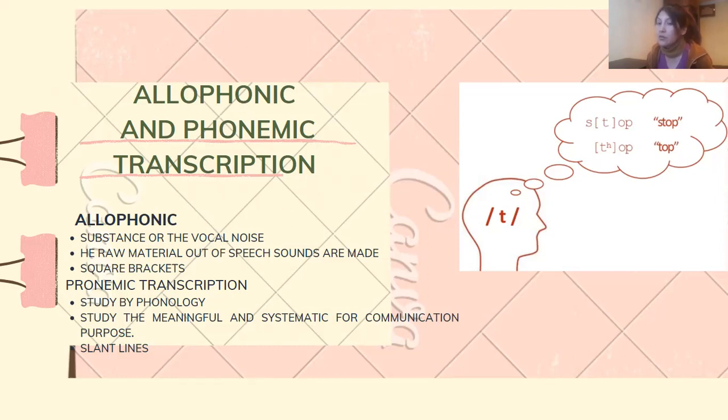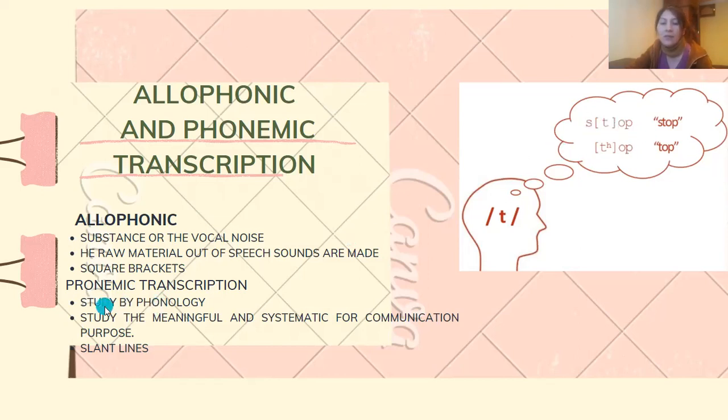That is the difference. We use the square brackets. The raw material of speech sounds is what we use, the substance. Substance is the vocal noise. We can see here the difference. Those are the allophonics, and they are in square brackets.